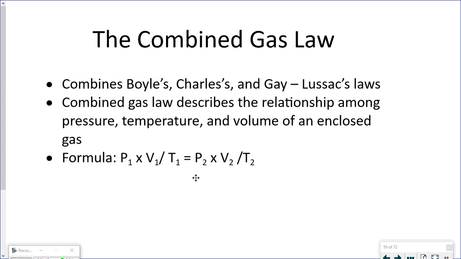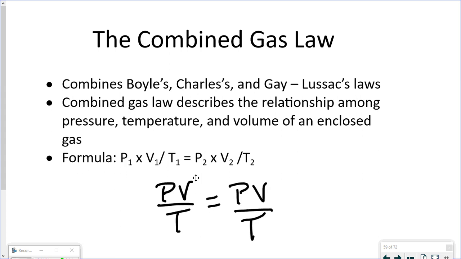So the combined gas law is PV over T equals PV over T. So if you'll note, you can see Boyle's gas law was the P times V equals P times V. Charles's was the V over T equals V over T. And Gay-Lussac's is the P over T equals P over T. So you can find all three of those smaller laws within this one law.